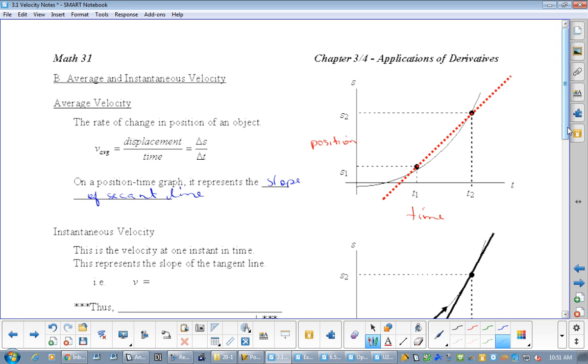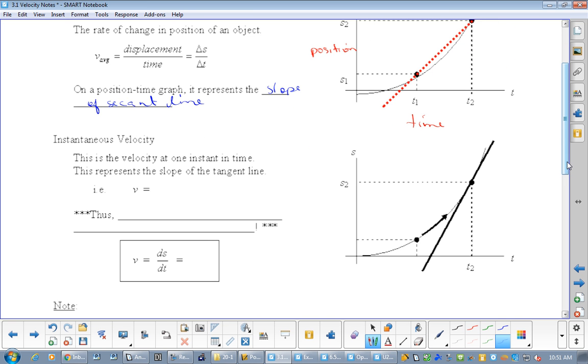Now, instantaneous velocity is the velocity at 1 instant in time. This represents the slope of the tangent line. So V equals the limit as delta t approaches 0 of delta S over delta t. If you want instantaneous, your delta t should be 0. How much time goes by in an instant? Basically nothing.